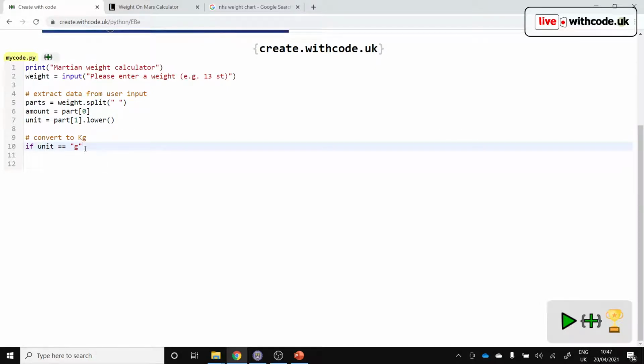So if they type in a lowercase g or a capital G, then the amount, if we want to convert to kilograms, needs to be the amount that they typed in divided by 1,000, because there's 1,000 grams in a kilogram. Otherwise, if they typed in the unit as stone, then I did a quick Google before this, I don't remember this, but we can convert a stone to a kilogram by multiplying by 6.35.